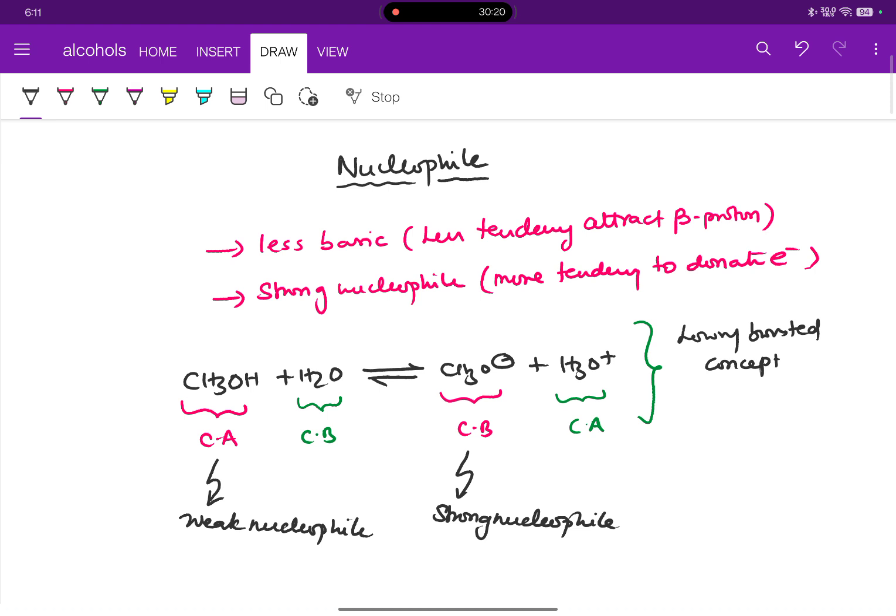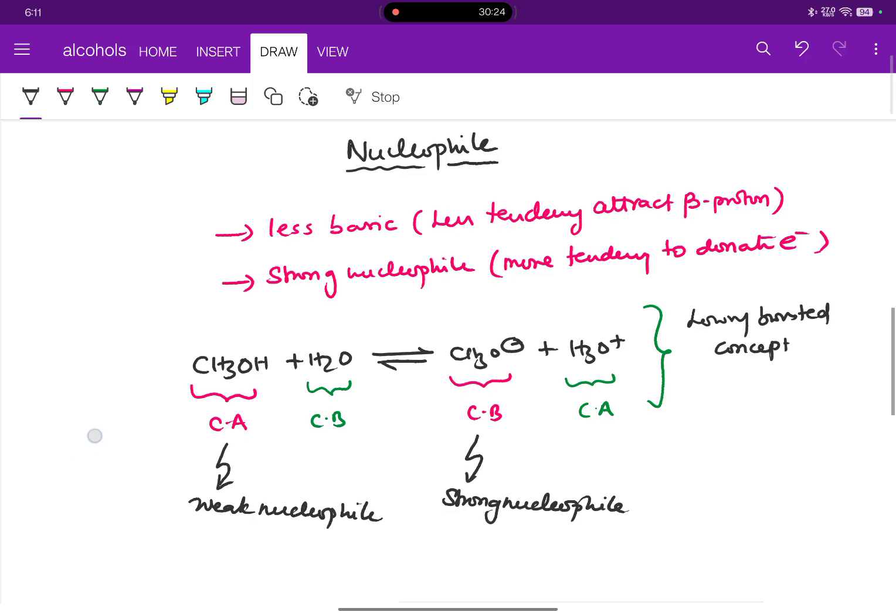But when you compare it to the conjugate base of the alcohol, the conjugate acid of the alcohol is a weak nucleophile.